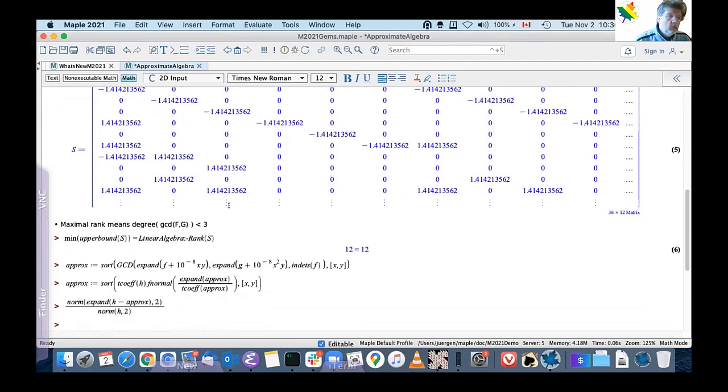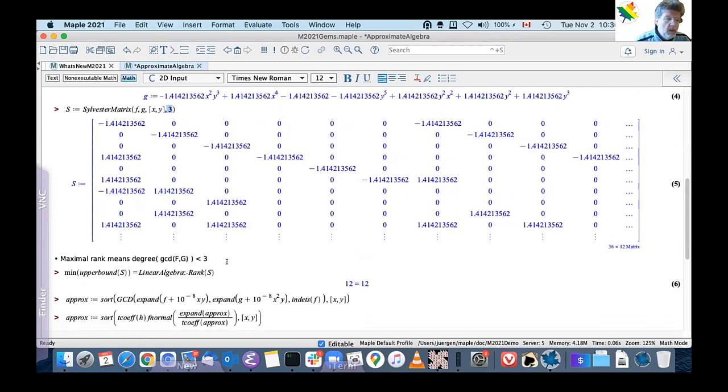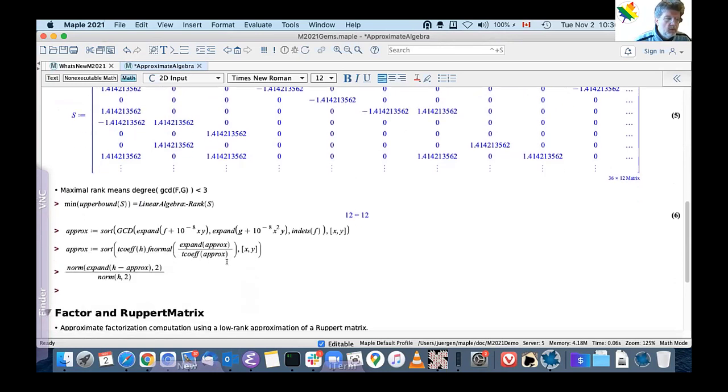And doing this for 2 and 1 and so on, or computing the rank for the original Sylvester matrix, will tell us exactly what the likely degree of the greatest common divisor is. So this is new with this package. A lot of other approximate polynomial algebra packages require you to guess what the degree of the GCD is, and this package is able to figure it out on its own.